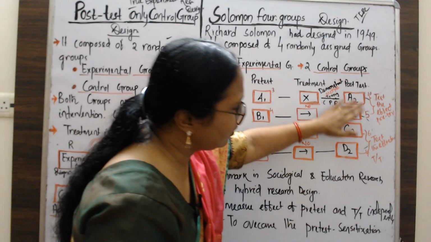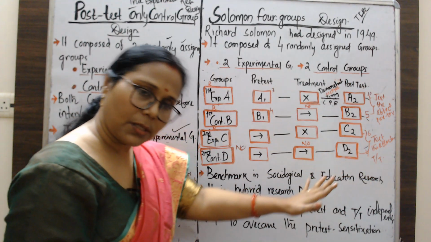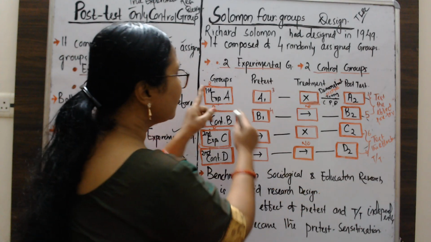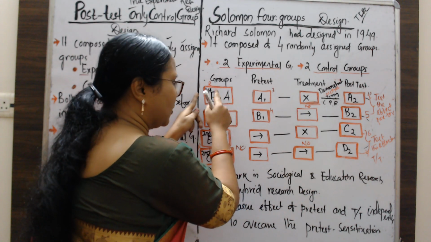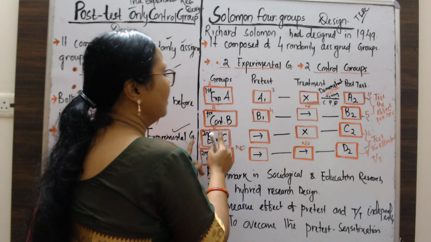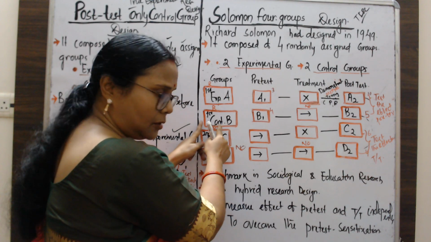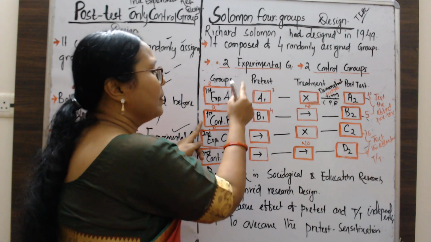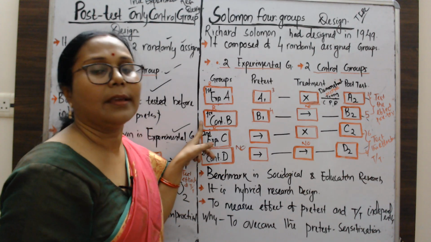In all four groups the post-test is carried out, but only in the first experimental group and first control group, A and B, is the pre-test carried out.